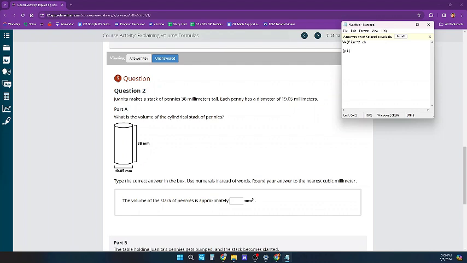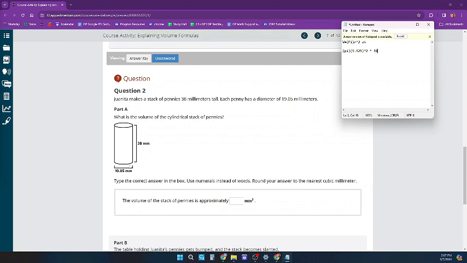Our r is going to be half the distance from one side of the penny to the other. So that's going to be 19.05 divided by 2, which seems to be 9.525. And of course, we're going to square that, times h. And of course, our h is 38 millimeters.